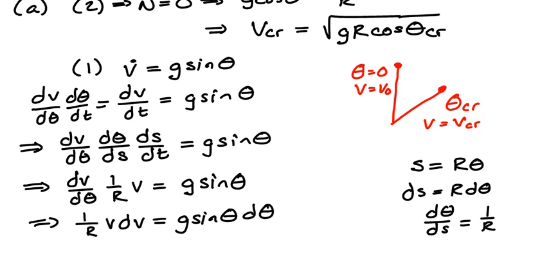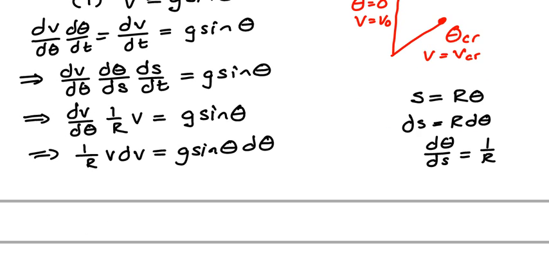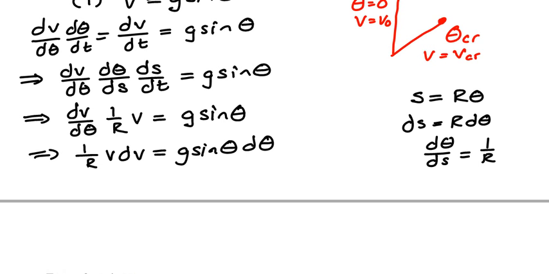I can then integrate both sides. I'm going to start from a speed of v0 and move to v critical, and start from an angle 0 and move to theta critical.